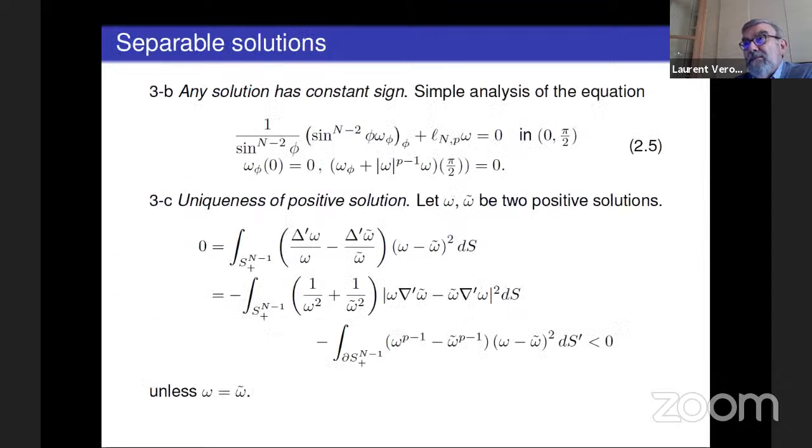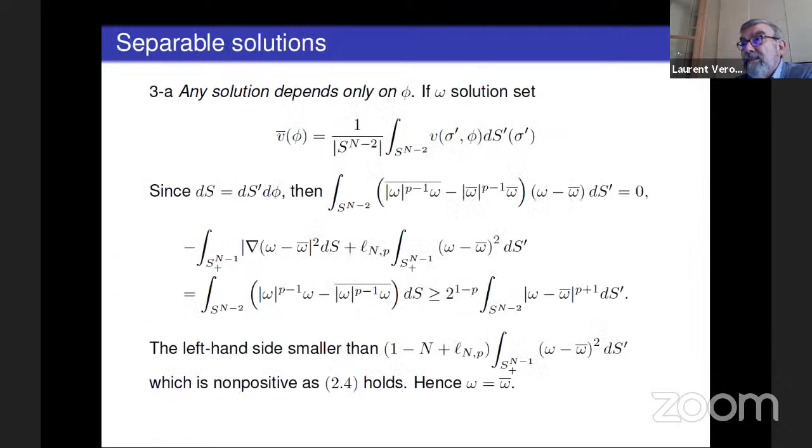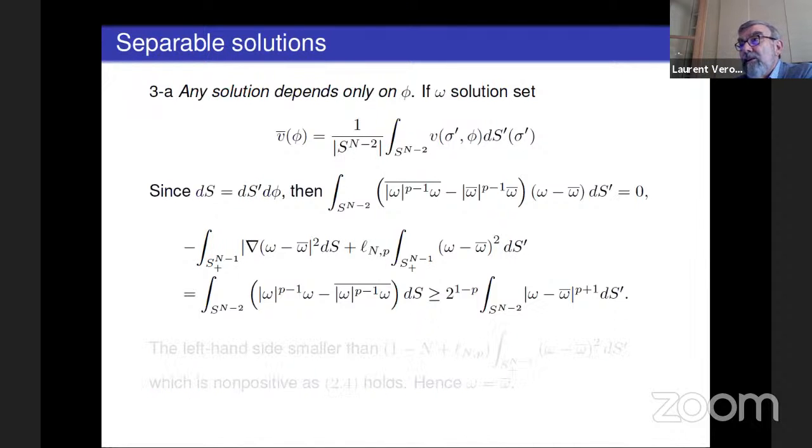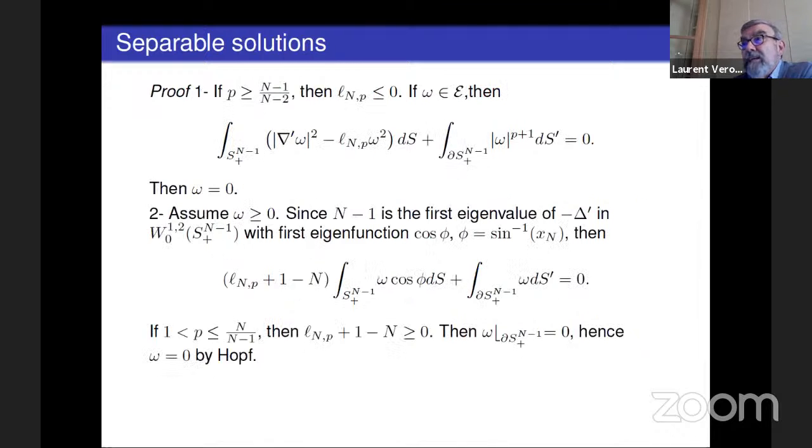An important fact to notice is that before looking for existence by minimization, we have been obliged to show that the equation depends only on one parameter, on the angle phi, on one variable. Otherwise, I could not have done the reduction. That means the solution is a function depending only on one variable, so the boundary value is a number.